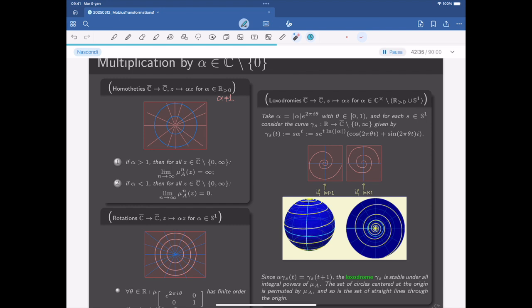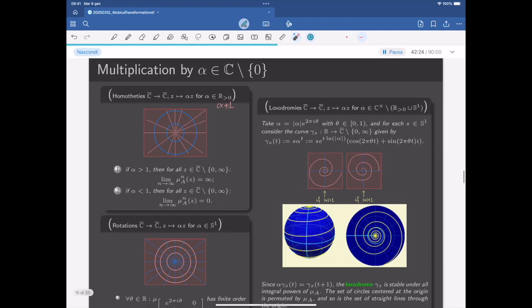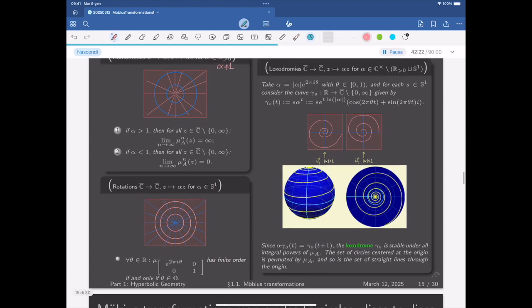Okay. Now I move on to the next one, which is multiply by an element of the circle. Again here, alpha different from 1, and I'm going to do the same very easy analysis.